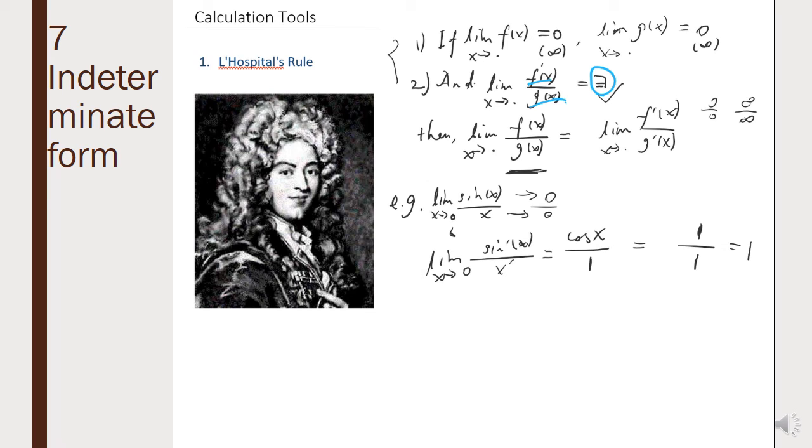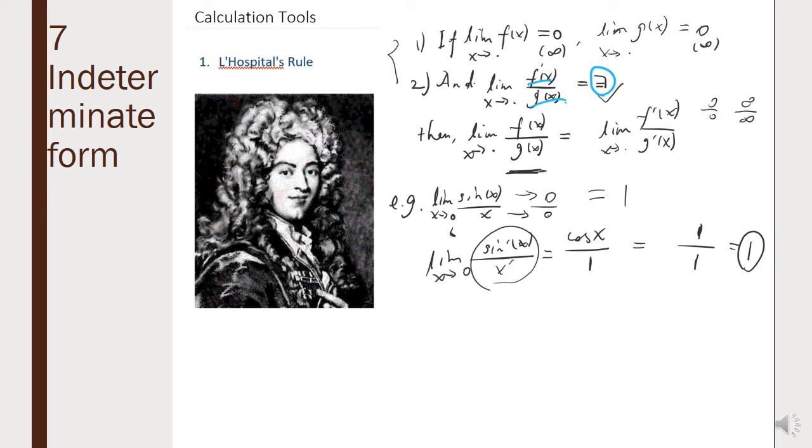So now we can say, yes, we can use L'Hospital's rule to help us find the limit of sine x over x, which is actually 1. But by now, you must have a question. You already found the limit of this one, and then you have to decide if the second condition can be satisfied or not.